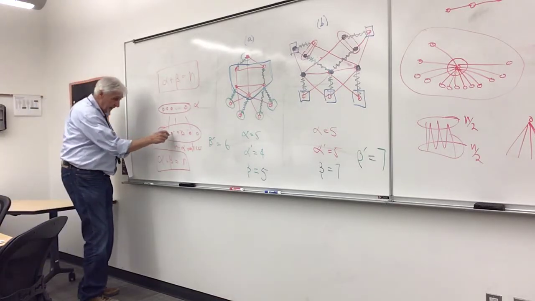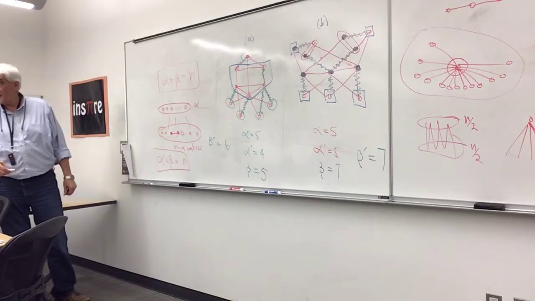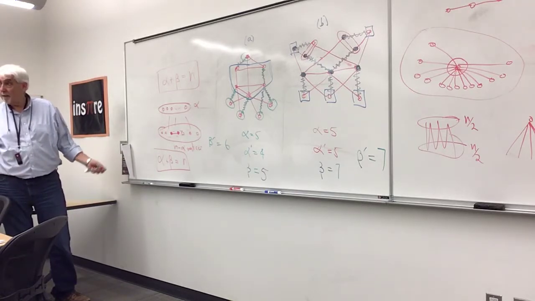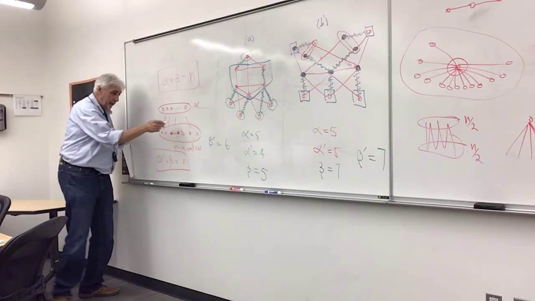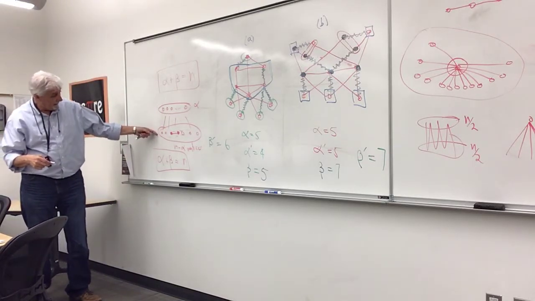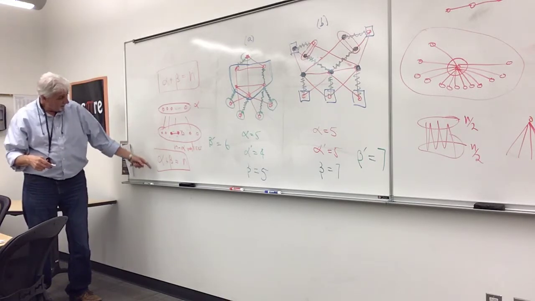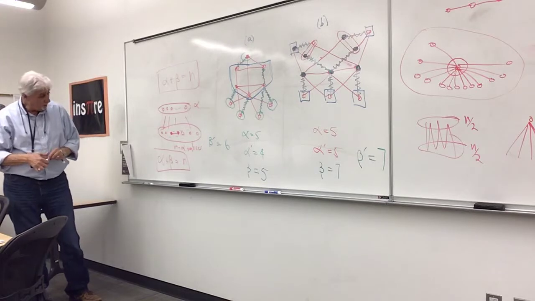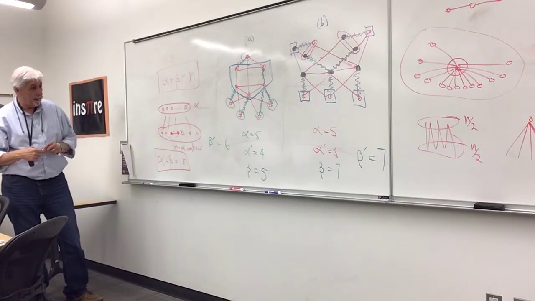So if there's an edge down here, that edge is covered twice, but that's okay. It's covered at least once. And any edge between these is covered at least once. So this is the edge cover number. This is the vertex independence number. So we have this nice relationship between alpha and beta. Alpha plus beta is equal to n.